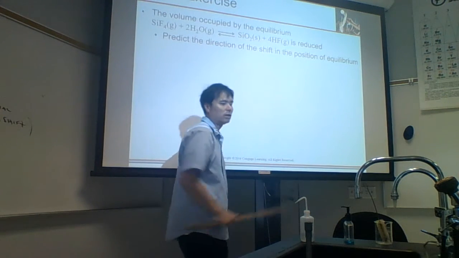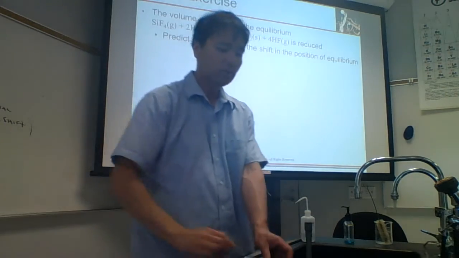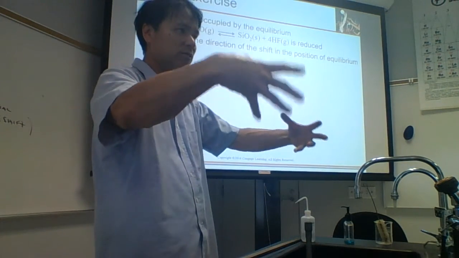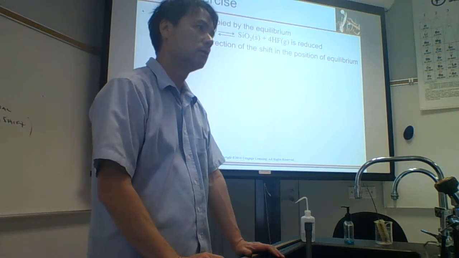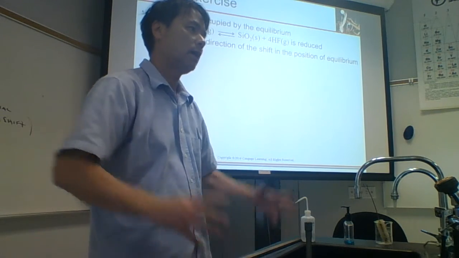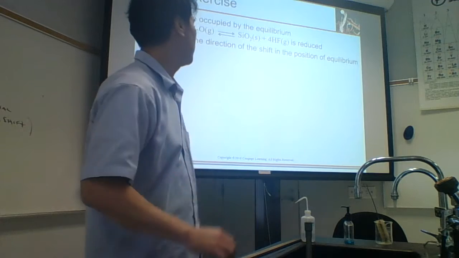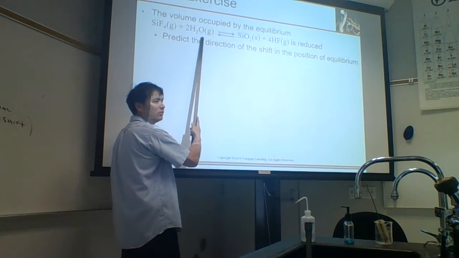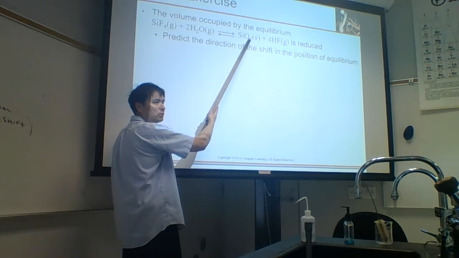Now we're going to reduce the volume. If we squeeze this equilibrium down, is it going to favor one side or the other? Yeah, if you squeeze this down, it's going to shift to make smaller volume, right? This is going to start feeling the pressure.